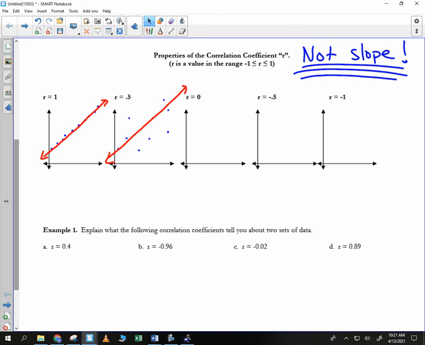R value of 0 means that there is no relationship that exists among the data. Where would I even begin drawing a best fit line in that scenario? Man, I can't even begin to think of where I'd put it.